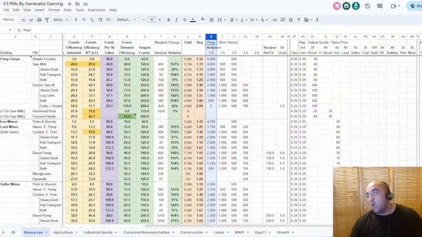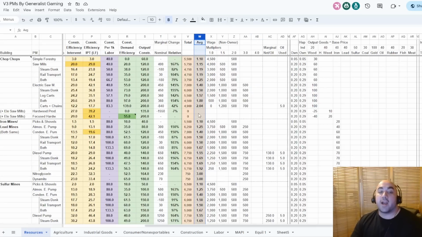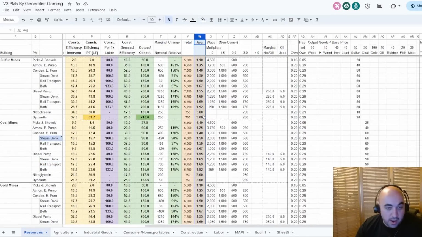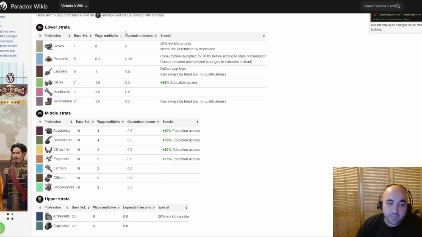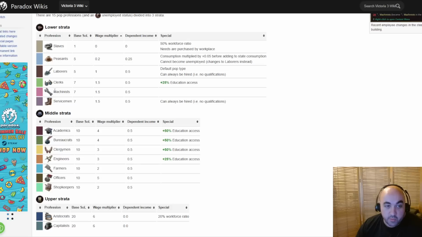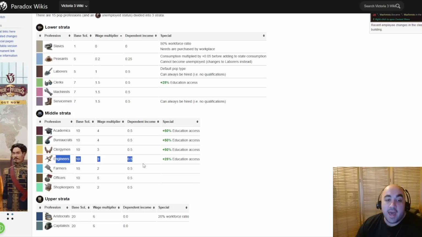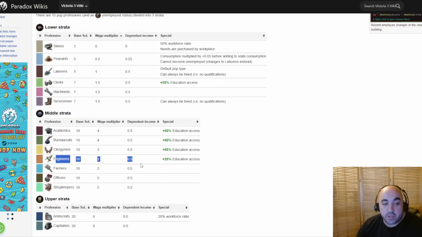And so that's where these new orange cells have come from, and this new idea of evaluating stuff in terms of wage. Now, we will have wage multiplier, and also there are some political considerations to take into account. We didn't fully separate it by every single profession, but specifically machinists, which are in the 1.5 wage multiplier, and engineers, which are in the 3 wage multiplier, tend to contribute a lot of clout to the trade unions, which is generally the hardest group to bring up.